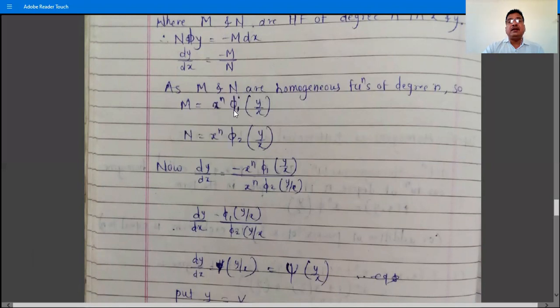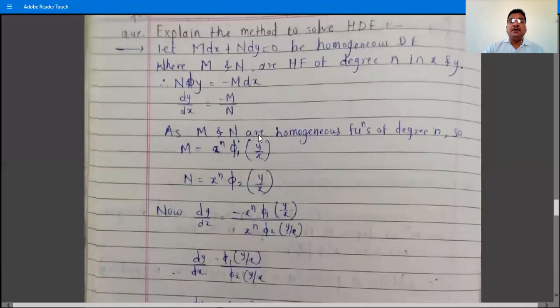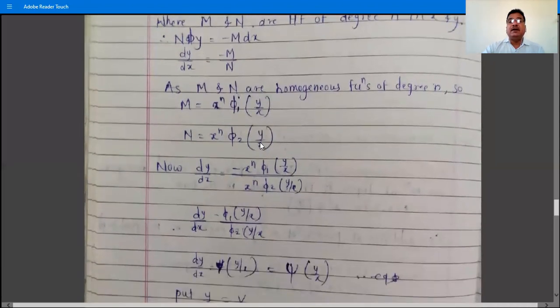Therefore we take phi1 of y by x and phi2 of y by x, or instead we can use the notation phi of y by x and psi of y by x. They are functions of y by x, and may be equal or different. Most of the time these two functions are different.